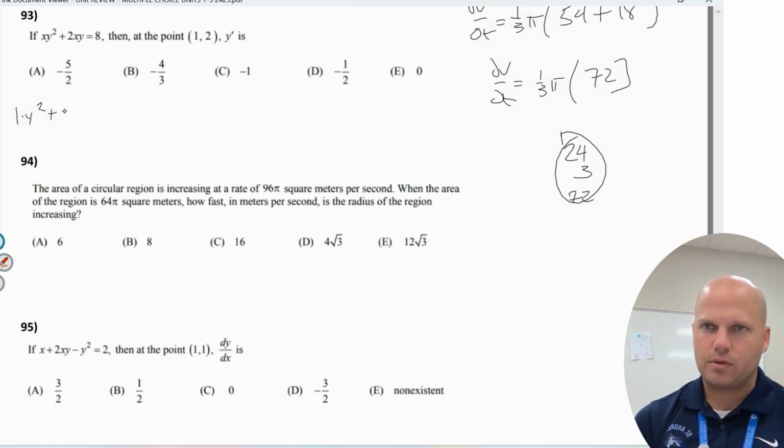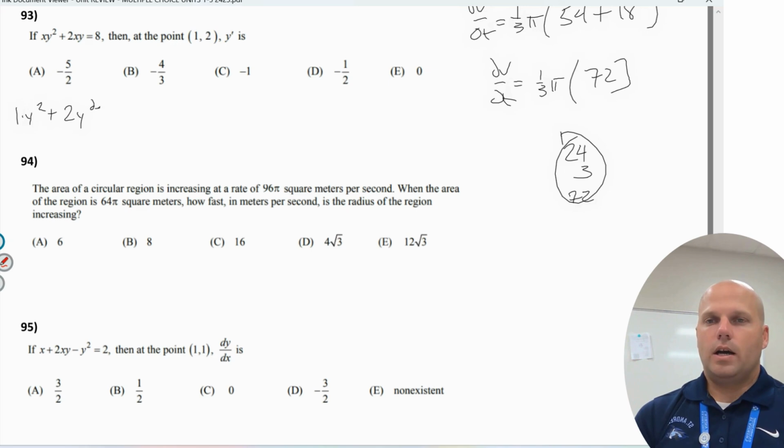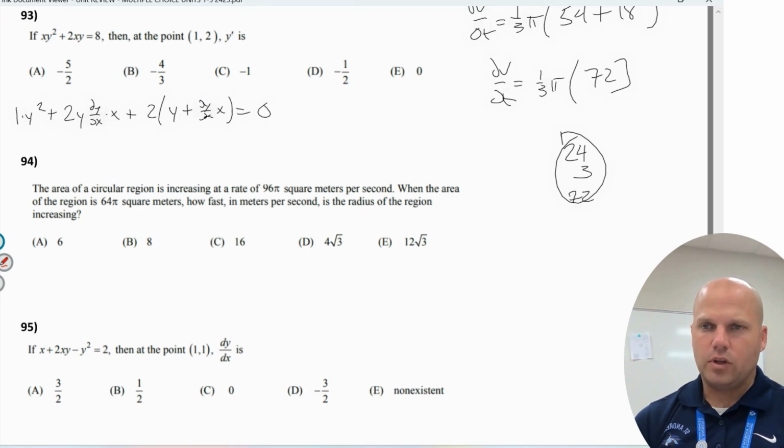We're getting y prime, so dy dx. Y prime means a lot, actually. It's like just means the change. But anyways, dy dx. 2y dy dx times x plus, bring the 2 out, slopes of x times y plus the slopes of y times x equals 0. I am literally going to plug in 1, 2 now.